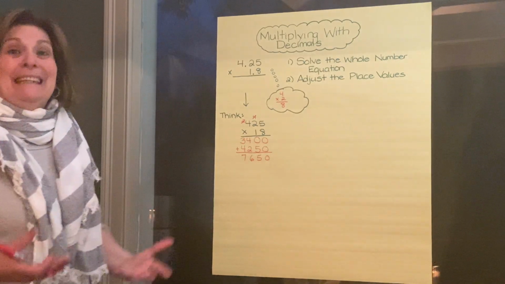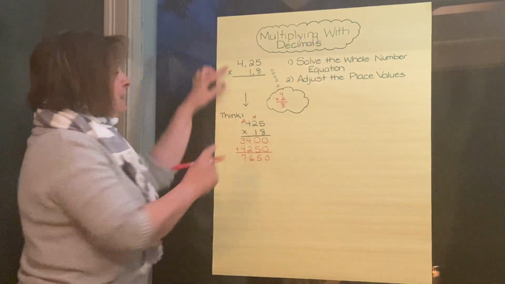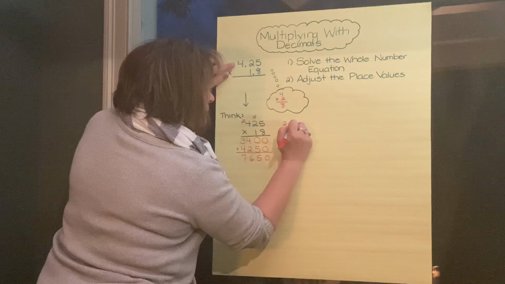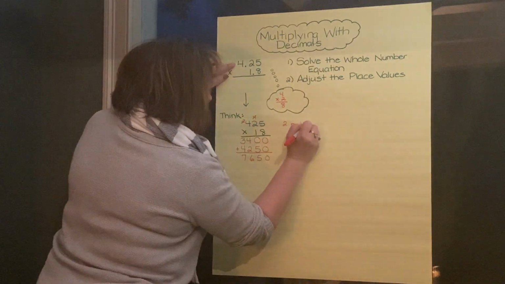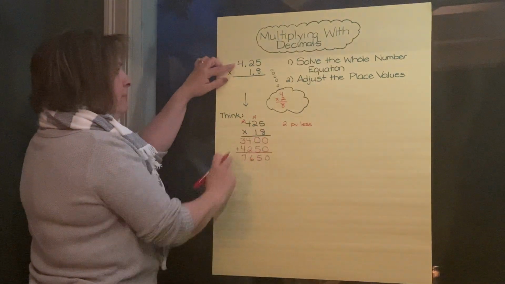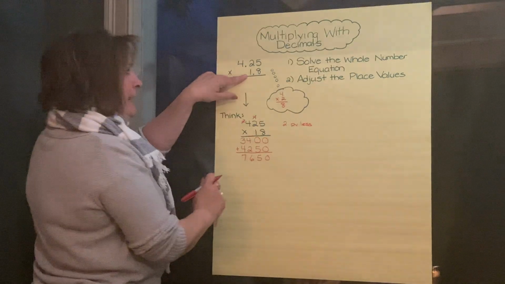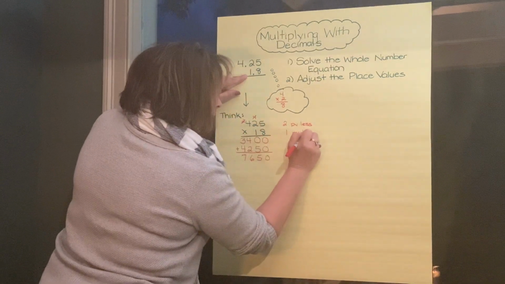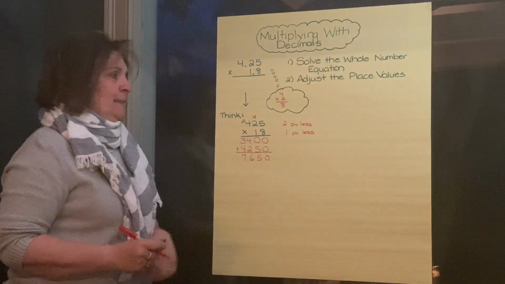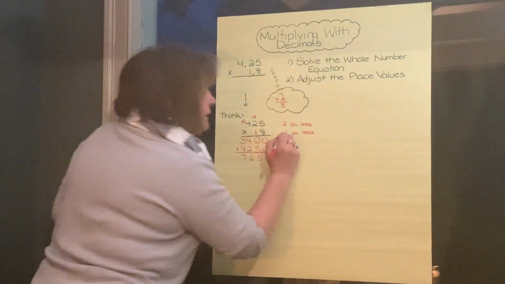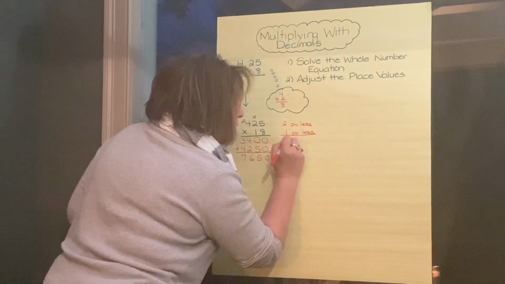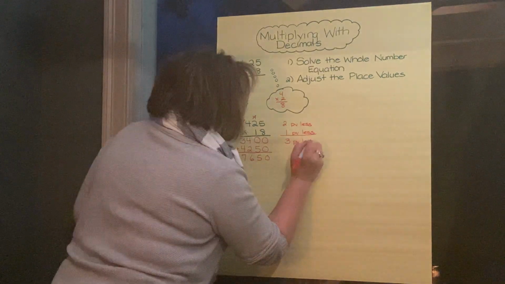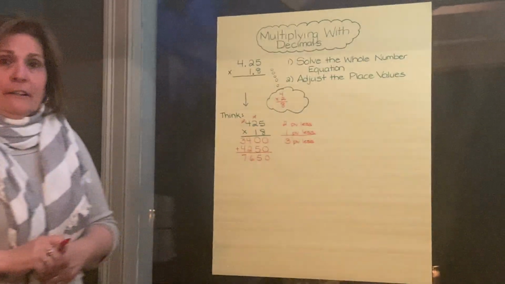So if this were a whole number equation, it would equal 7,650. But it isn't. In fact, 4 and 25 hundredths is 2 place values less than 425, and 1 and 8 tenths is 1 place value less than 18. And so together the entire equation is going to be 3 place values less than our whole number product.